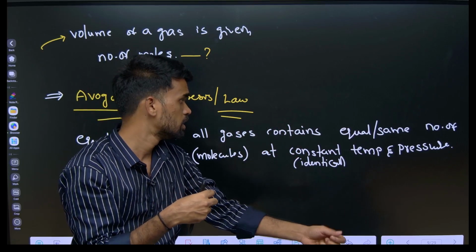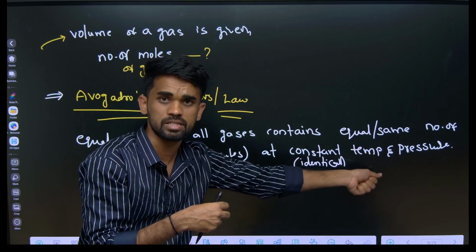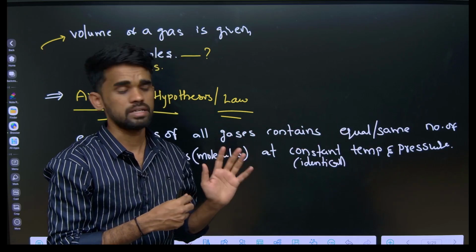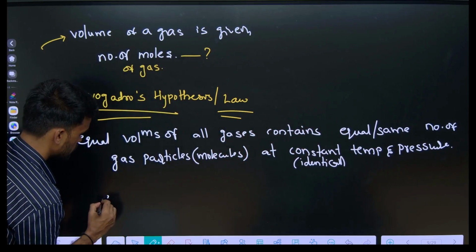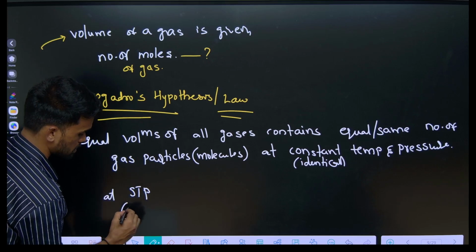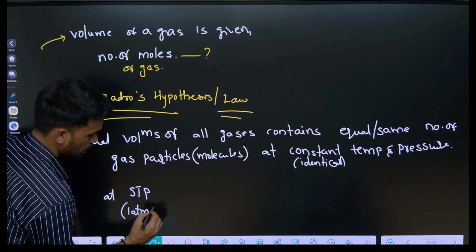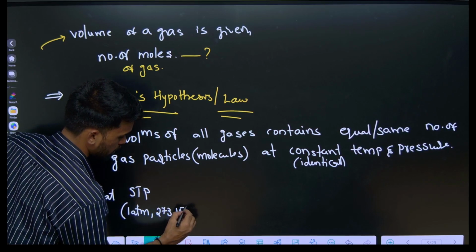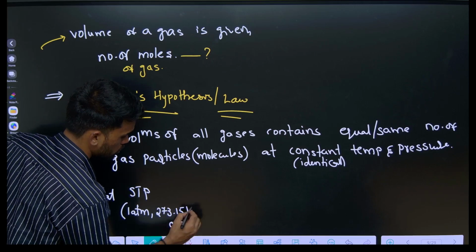For example, at STP conditions, which means 1 atm pressure and 273.15 Kelvin, or just 0 degrees Celsius.